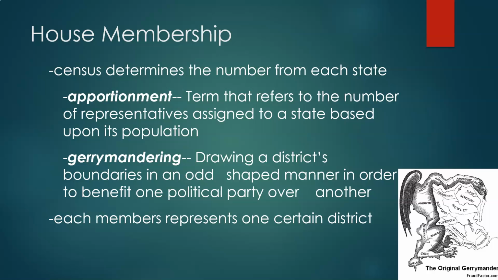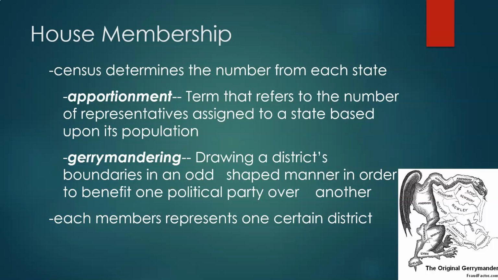However, we also have what we call gerrymandering, which is drawing a district boundary in an odd-shaped manner in order to benefit one political party over another. So when we vote for these representatives, for example, North Carolina has 13 representatives, we have 13 districts. And they use this gerrymandering where basically they draw a line in a really odd way so that, maybe if they draw it this way, they'll get more Republican votes.